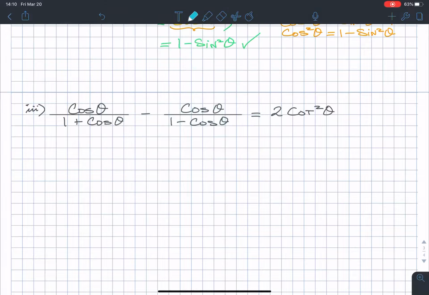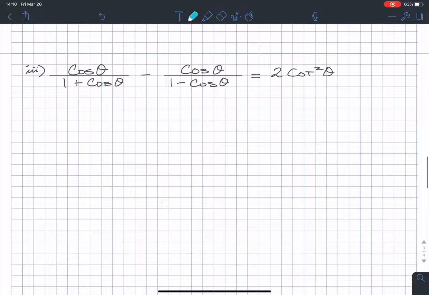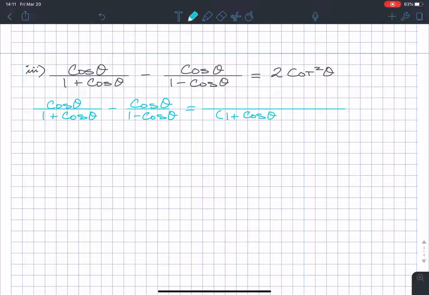Once again, I claim that the left-hand side is the ugly side, so I'm going to start there. So cosine of theta divided by 1 plus cosine theta minus cosine of theta divided by 1 minus cosine of theta. So I can get a common denominator here. I have 1 plus cosine of theta times the quantity 1 minus cosine of theta.